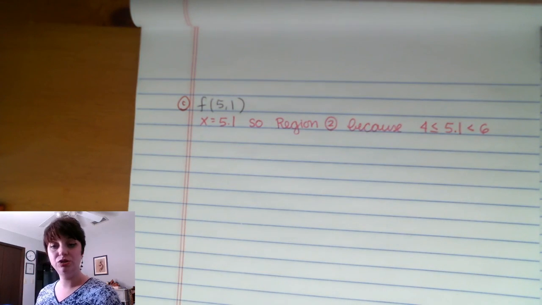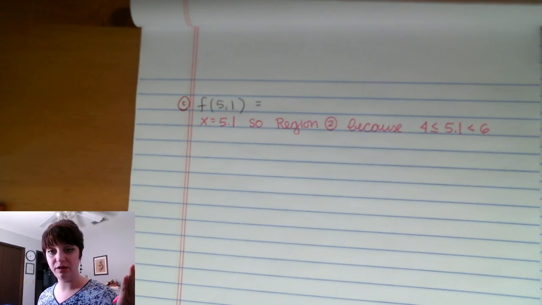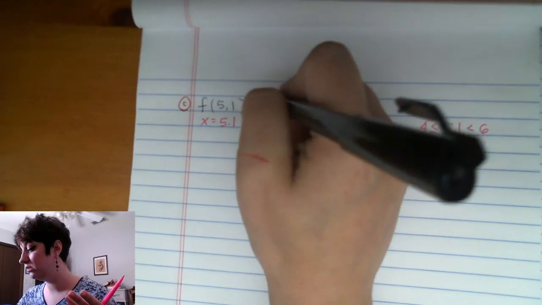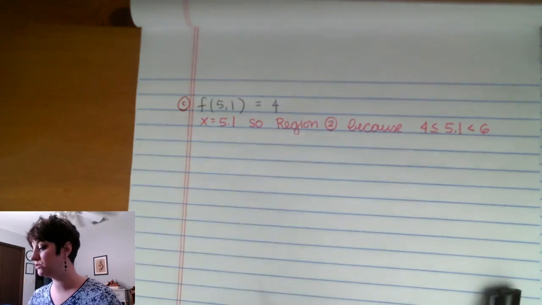All right. So that means my function is behaving like region 2. Region 2 says that f equals 4. It's independent of your x choice. So your answer is just 4.